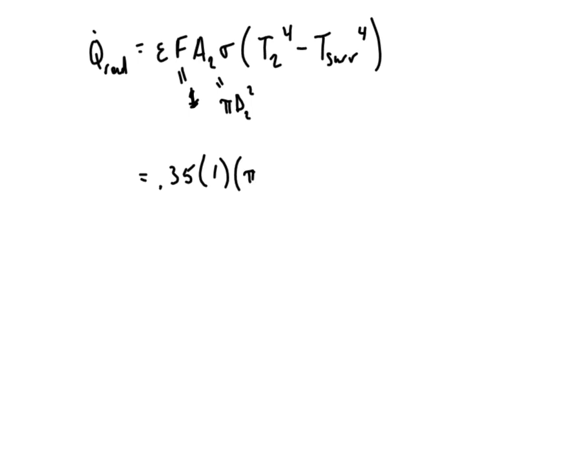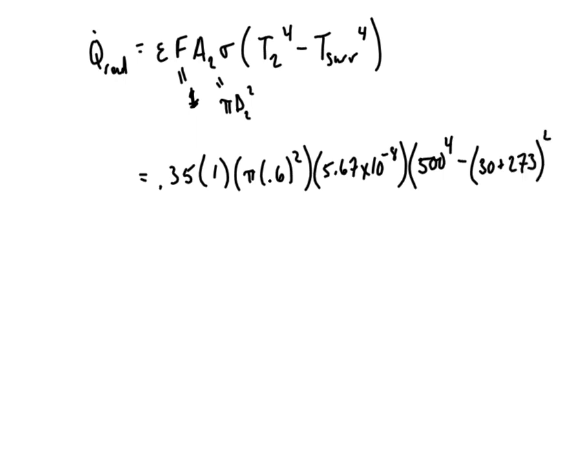Our area of pi times d of 0.6 squared, and times Stefan-Boltzmann constant, 5.67 times 10 to the minus 8 times T2, which is 500 Kelvin, raised to the 4, minus the temperature of the surroundings, which we're given as 30 degrees C. So we'll change that to Kelvin by adding 273, and we will raise that to the 4th power.